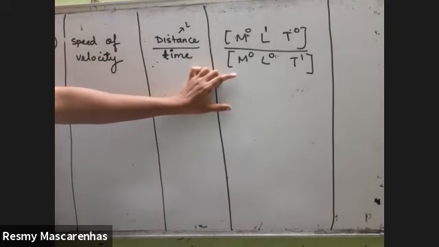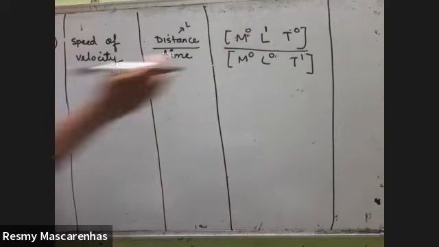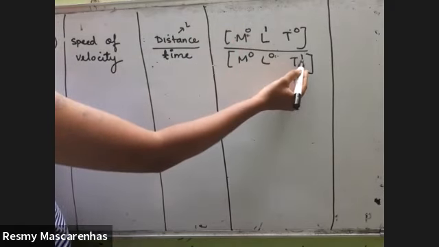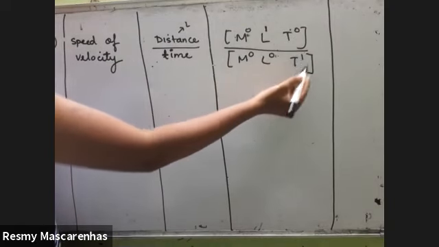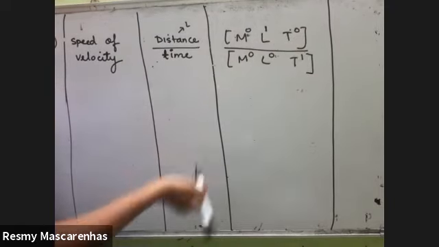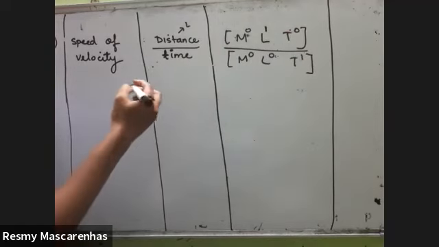Now we have to simplify and finally write just one. Anything in the denominator, we always take to the numerator. I told you, any term you are taking from denominator to numerator, the sign of the power will change. If this is positive, here it will go up and become negative. If it is minus, it will go up and become plus.